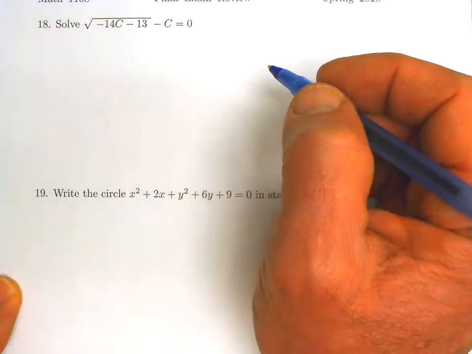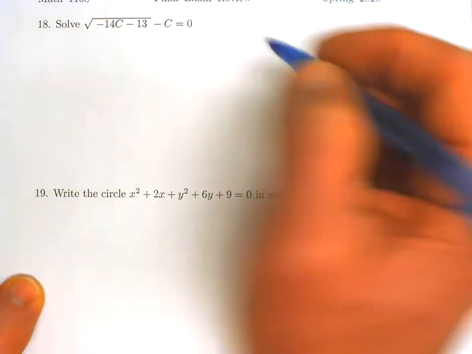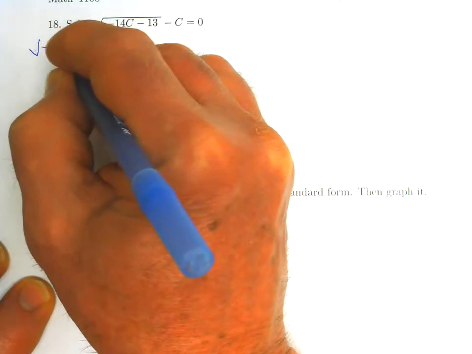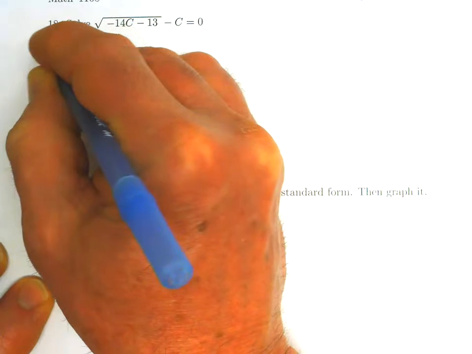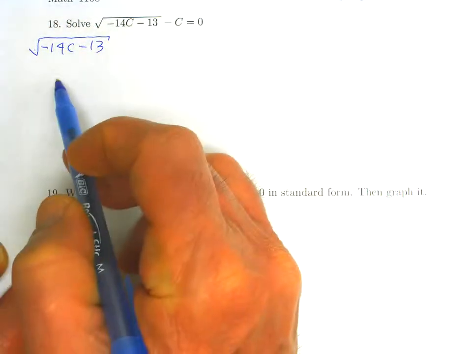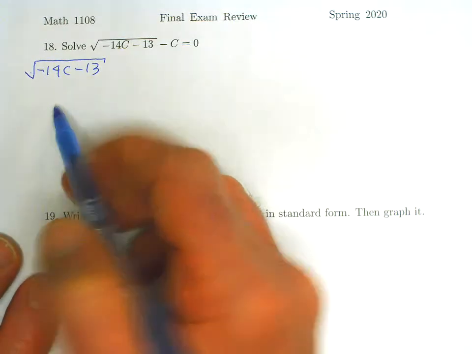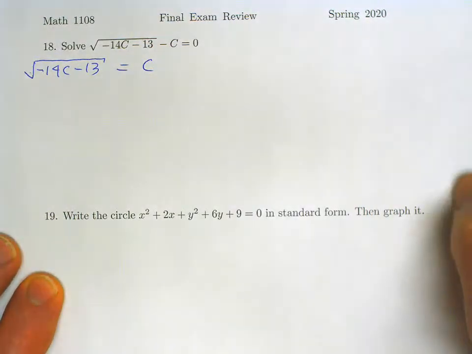So at some point we'll want to square both sides, but before that we want the square root of negative 14c minus 13 to be by itself on one side of the equation. So we're going to add c to both sides to get this equation.